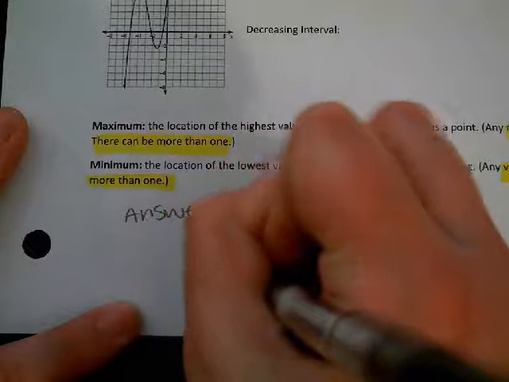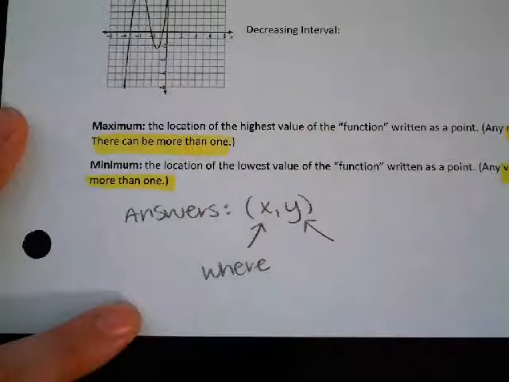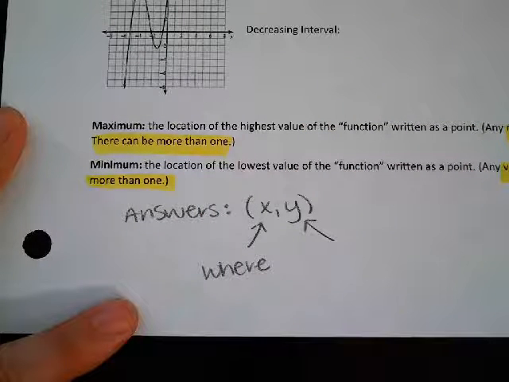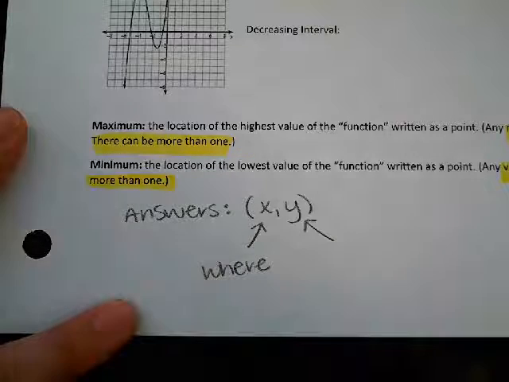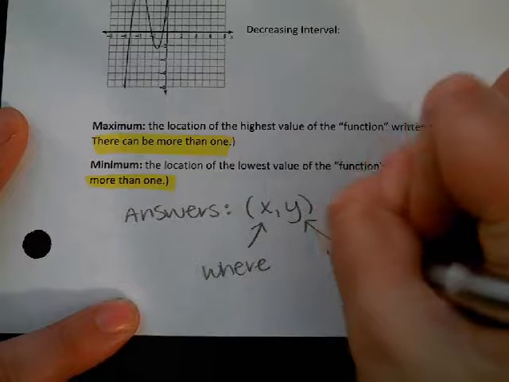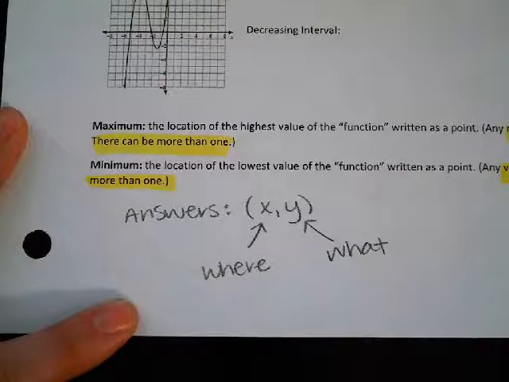And instead of giving the answer as an x and a y coordinate, for them to only give you one number. And when they do that, they're talking about the x value. If they say, where is the maximum located, they're talking about the x value of the maximum. If they say, what is the maximum, they're asking for the y coordinate.